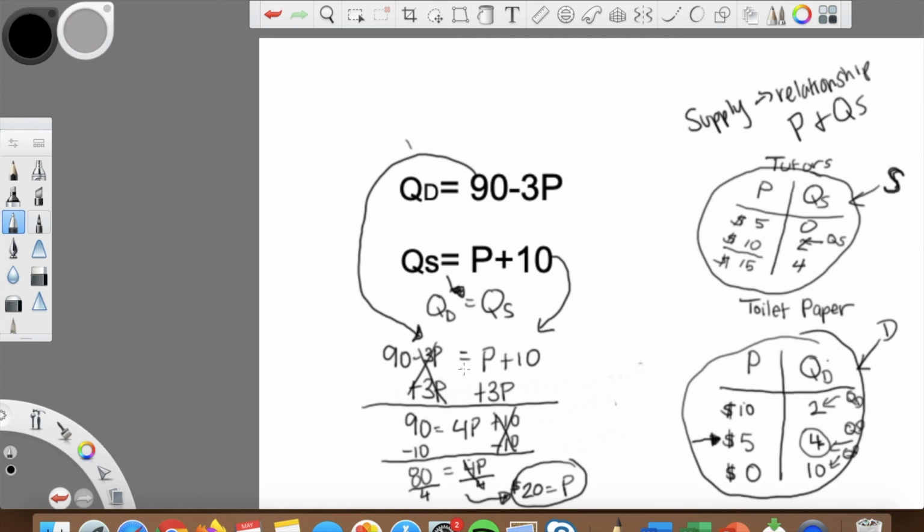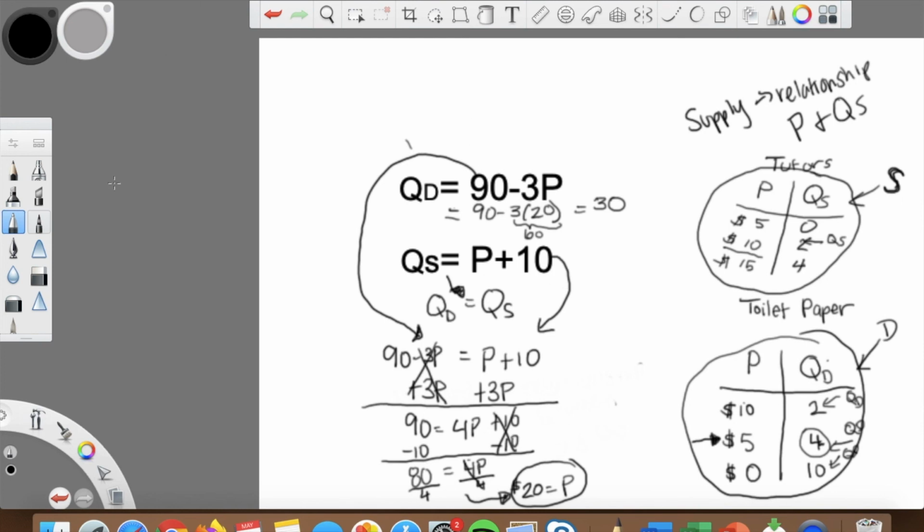So as a way to check yourself, go ahead and plug it into both equations to make sure you get the right answer. For quantity demanded, I've got 90 minus 3P, and P is 20, so I've got 90 minus 3 times 20, or 90 minus 60, and so my quantity demanded is going to be 30.